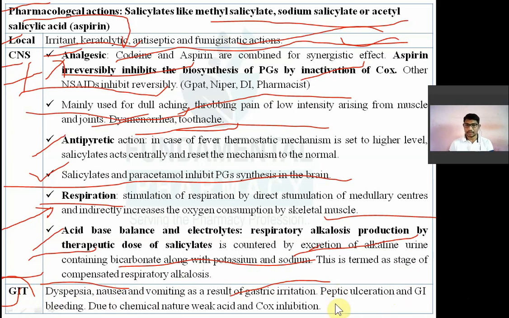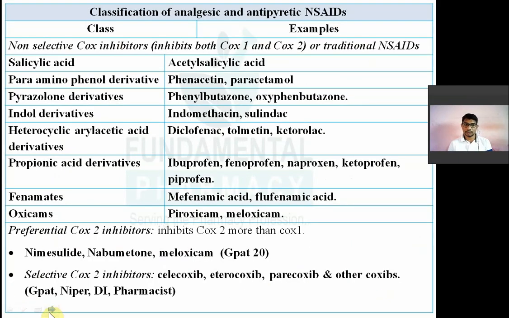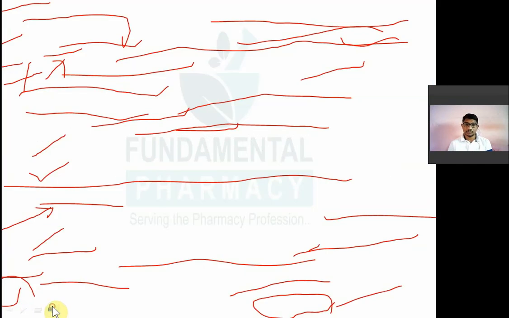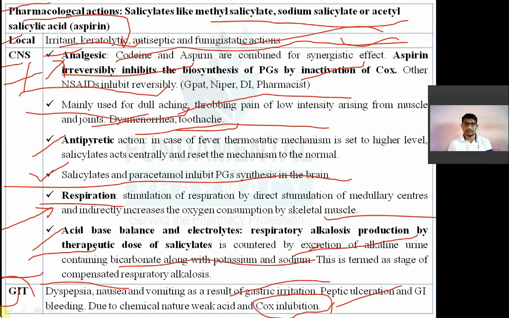They can produce peptic ulceration and GIT bleeding due to their chemical nature as a weak acid, and they are also COX inhibitors. So local inhibition of COX in the GIT is also responsible for the bleeding. Whatever bleeding is caused by salicylate is because they are inhibitors of COX.